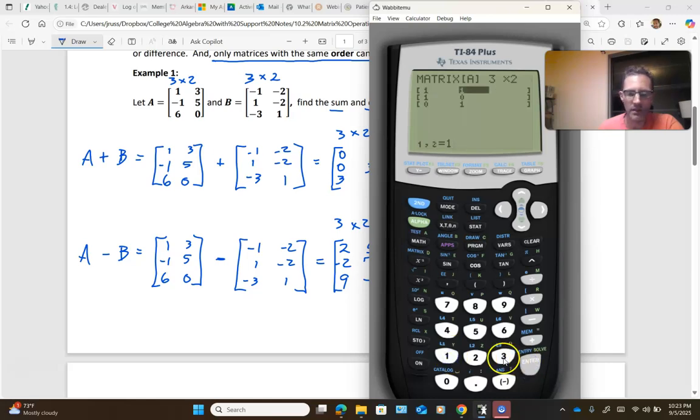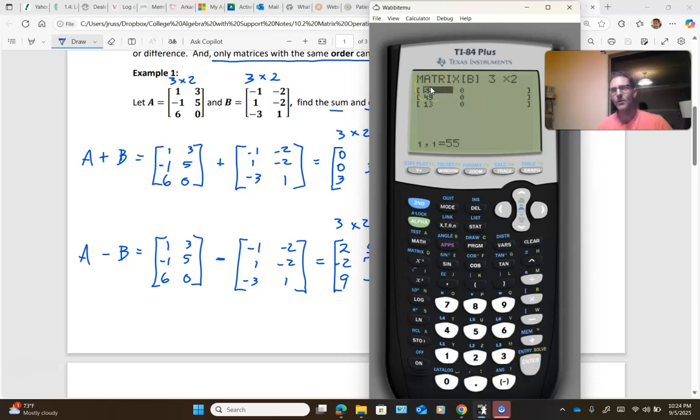1, 3, negative 1, 5, 6, and 0. Then I'll go back to my matrix screen, go back to edit again, but go down to number 2 for B. And it is a 3 by 2 as well.